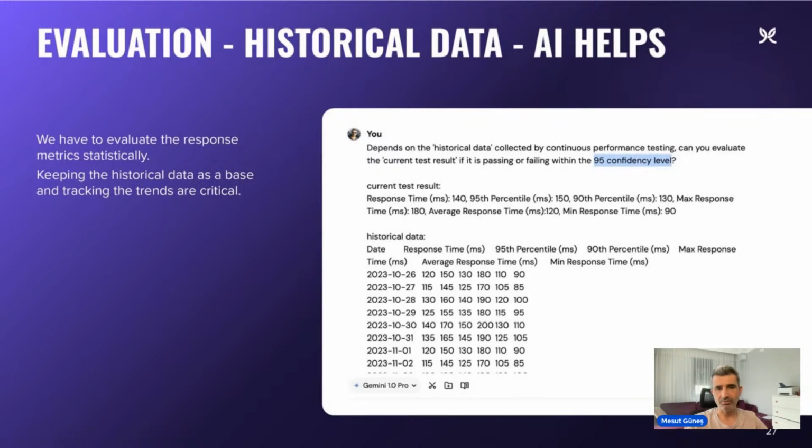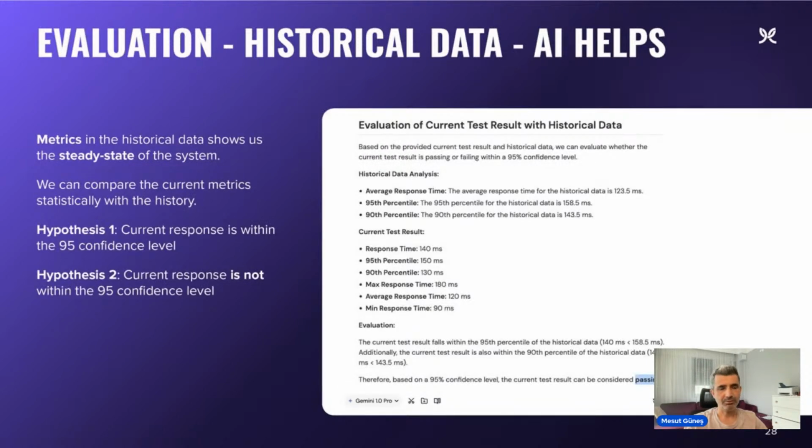And I'm also sending the current results, and I'm asking AI to check whether this data is within the 95% confidence level of the historical data, and it gives me a result. So my hypothesis is that the current response is within the 95% confidence level, and the alternative is the reverse: the current response is not within the 95% confidence level.